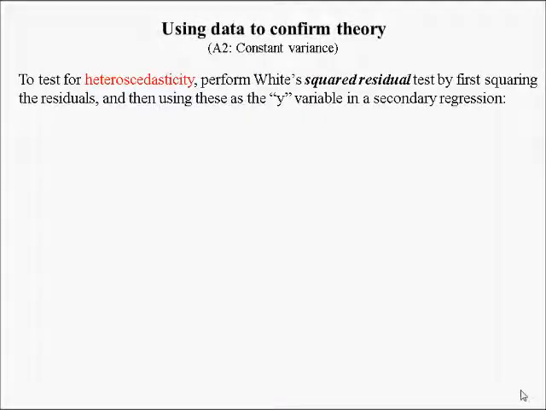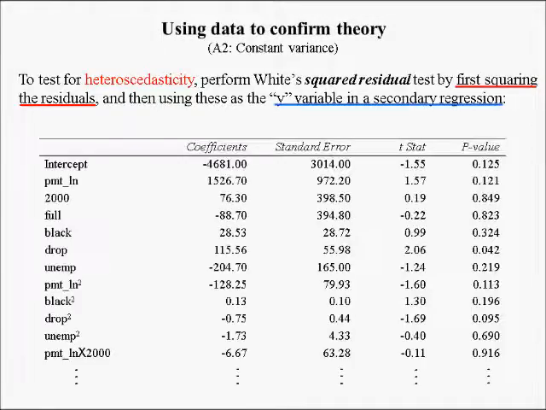And we want to know if that variance changes in the independent variables. So we're going to first square the residuals, and then we're going to use these as the new y in a secondary regression.